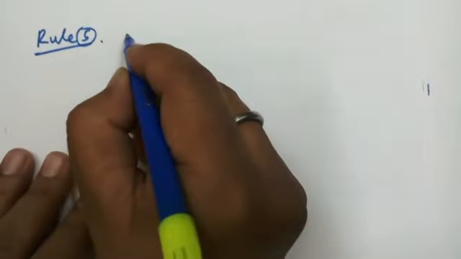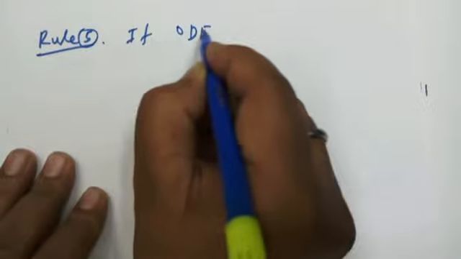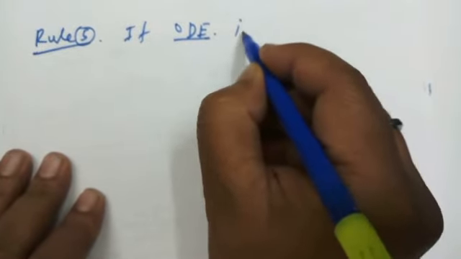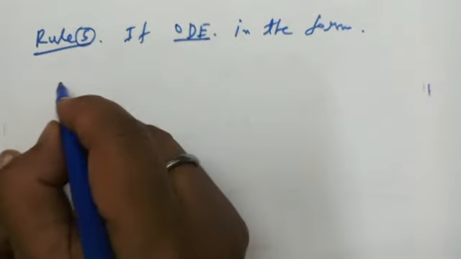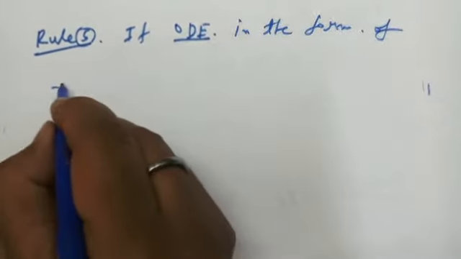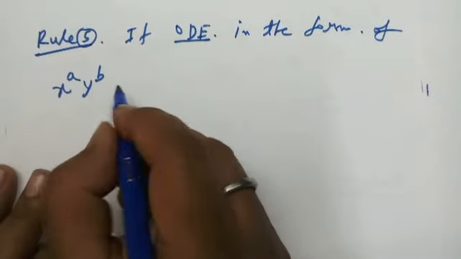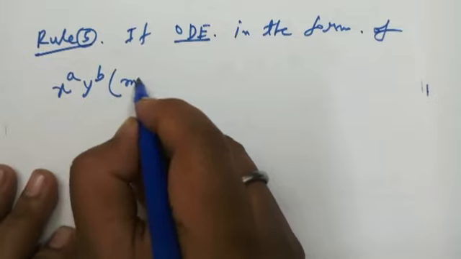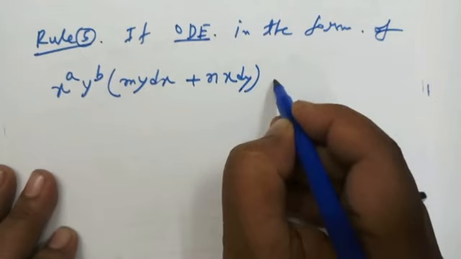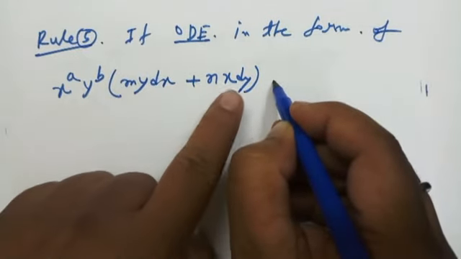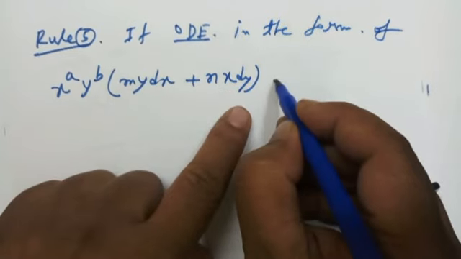Okay, next move to rule number 5, and rule number 5 is, if the ODE is in the form x power a y power b (my dx plus nx dy) plus x power c y power d (py dx plus qx dy) equals 0. Here y dx, then here x dy, you can remember it in this way.